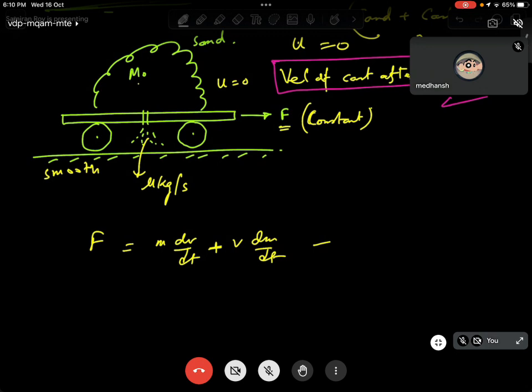Why am I telling you to use this formula? Because it's a variable, velocity will vary at every time, correct? You can use both, that's also fine. Yeah, you'll get in terms of ln.